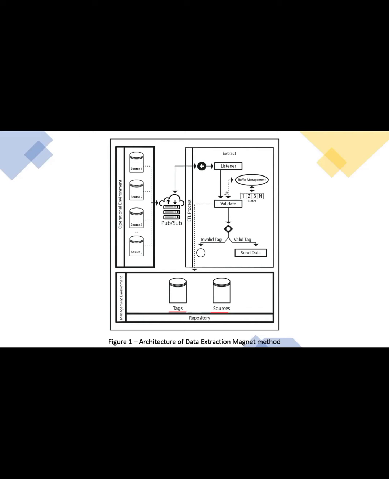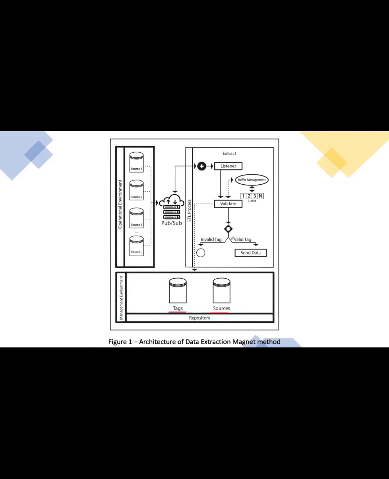The next time that this same data is received from the operational environment, this validation is performed just in the buffer management and we do not need to access the repository, because these characteristics improve our performance as well as the scalability of the data extraction magnet.